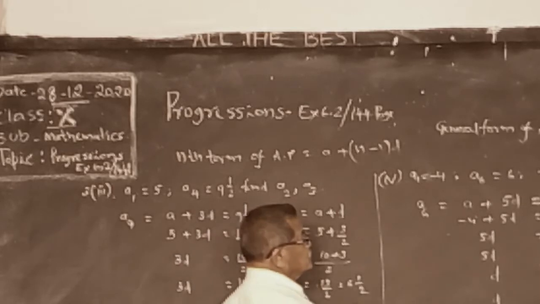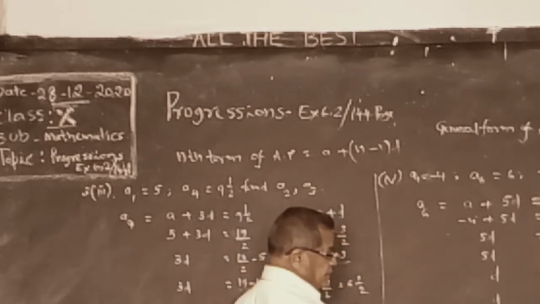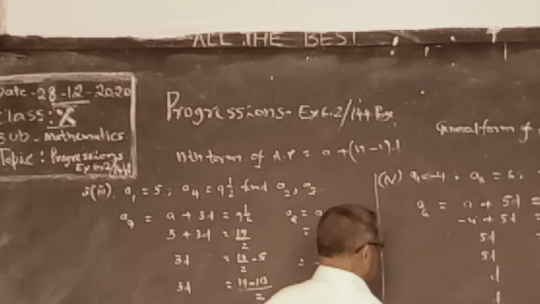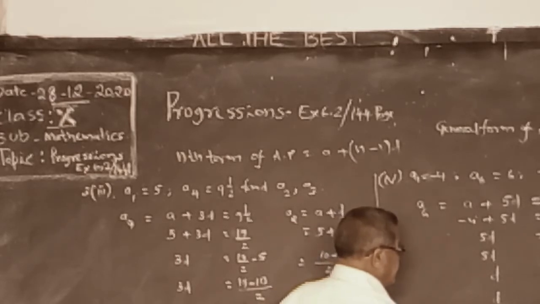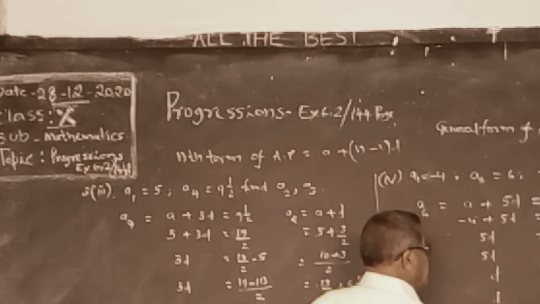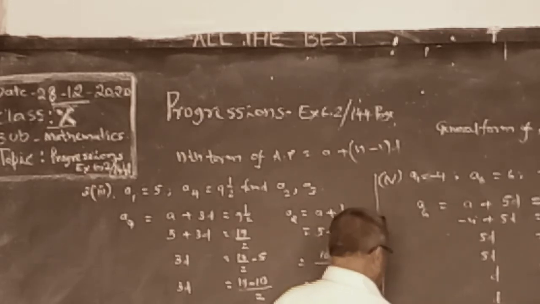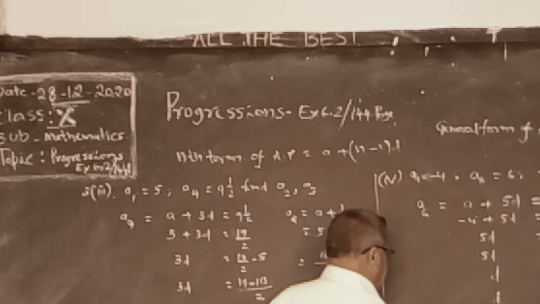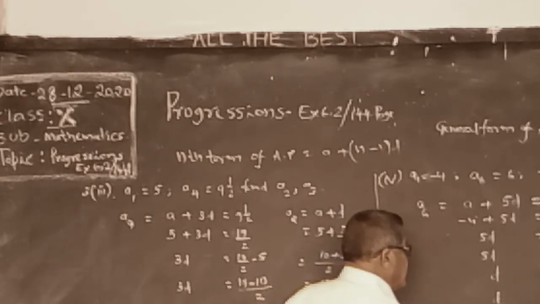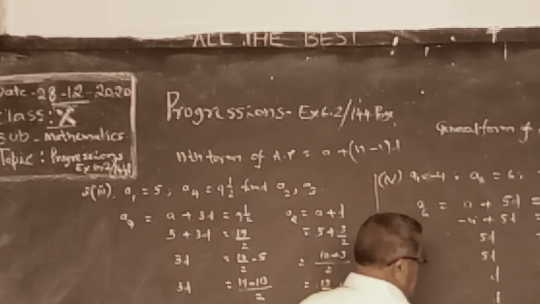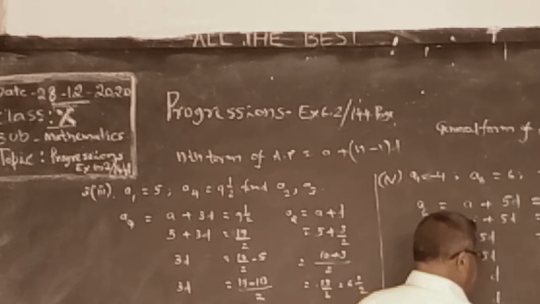Now, after knowing D, he is asking A2. A2 is equal to A plus D is equal to A value -4 plus 2 is -2. A3, A plus 2D, A value -4, D is plus 2.